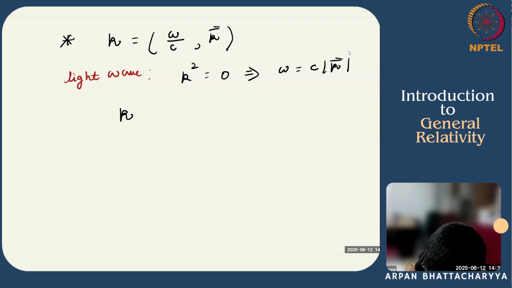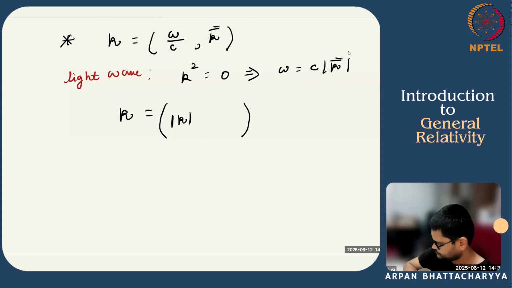So you can write the 4 wave vector as mod of k times 1 and k. There will be many more examples that we will encounter later on of timelike, spacelike, and null vectors.